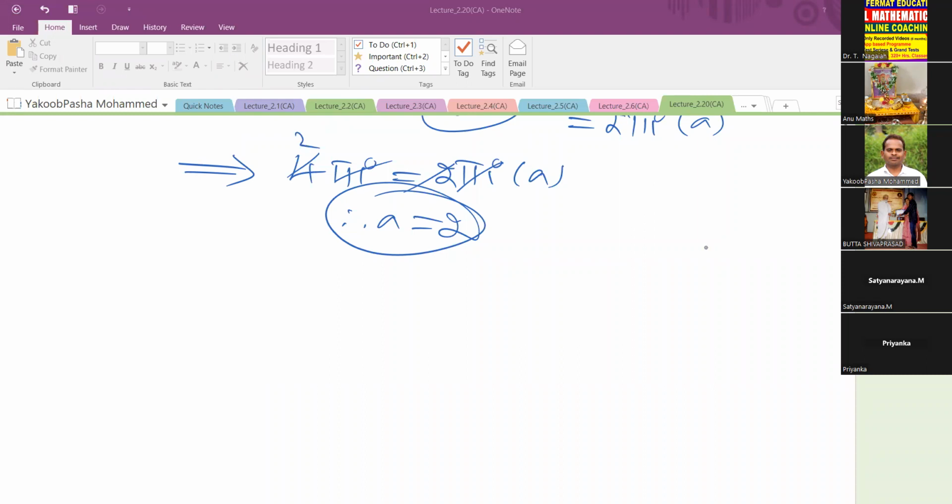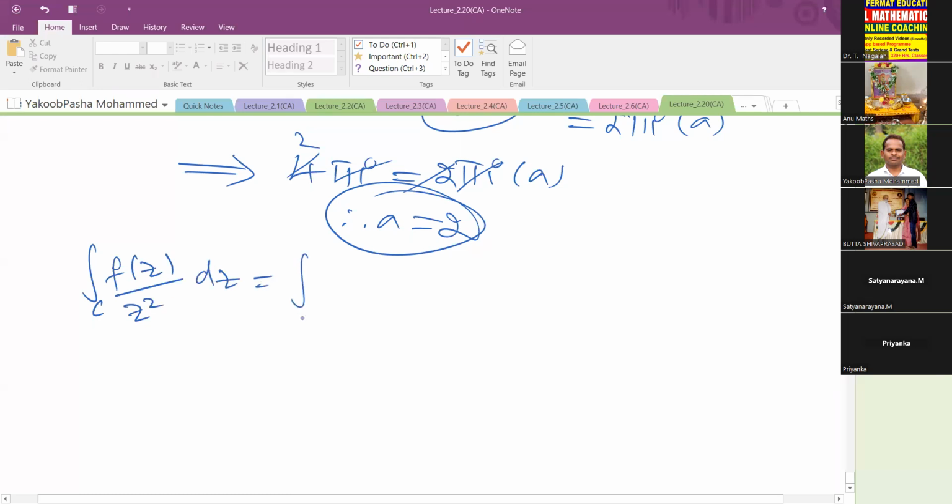Yes. So we have to verify the remaining options also. Okay. So I'm taking the second one, that is integral over C. We are given integral over C of f of Z divided by Z square into dz.